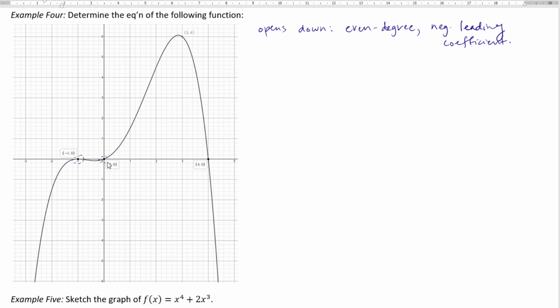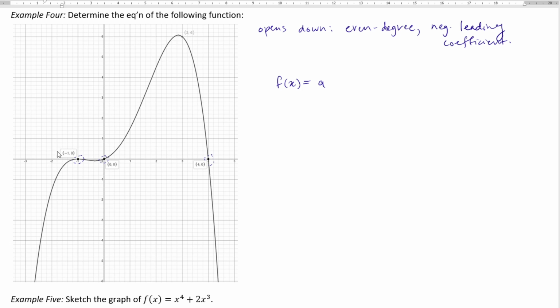So I've got linear behavior through here, and linear behavior through here. So my function there would be f(x) equals a, some leading coefficient. I know that my a value should be negative, right, because it's opening down.